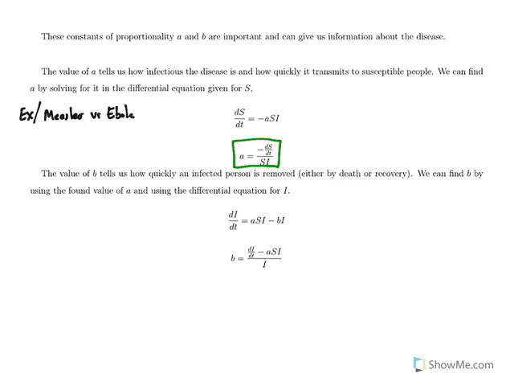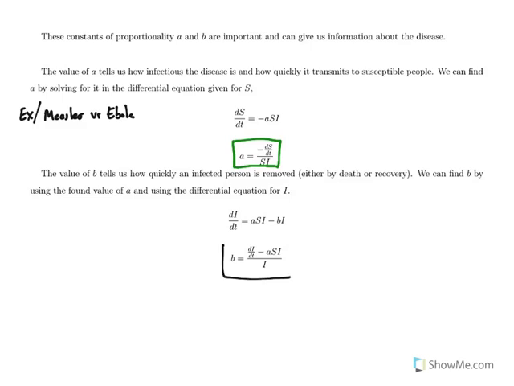A lot of times with diseases, we talk about how before you're symptomatic, you may be infectious for a certain amount of time, or after you're symptomatic, you may be infectious for a certain amount of time. Those details are encoded in this value of B, which tells us how long it's going to be till we're removed. In a similar vein, we can figure out B by solving the differential equation dI/dt. If we know the value of A, we can find the value of B.